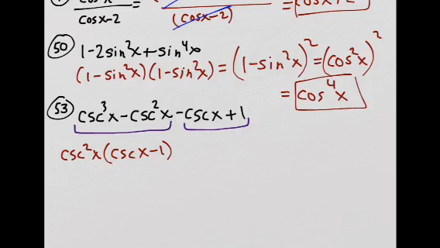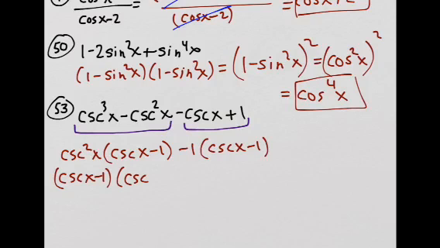And then in the second pair, I have to make this match this factor, and right now it's the opposite, right? So I'm going to factor out a negative 1, and that leaves me with cosecant x minus 1. So now you factor this factor out of both terms. So you have cosecant x minus 1, and the remaining factor is cosecant squared x minus 1.